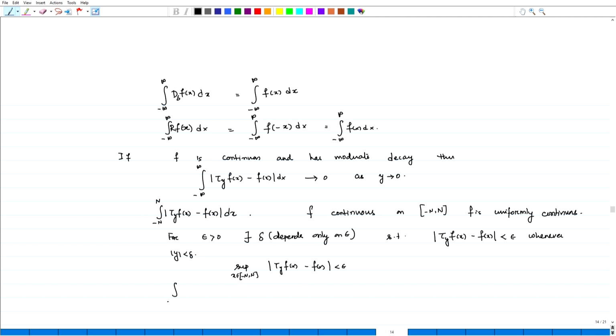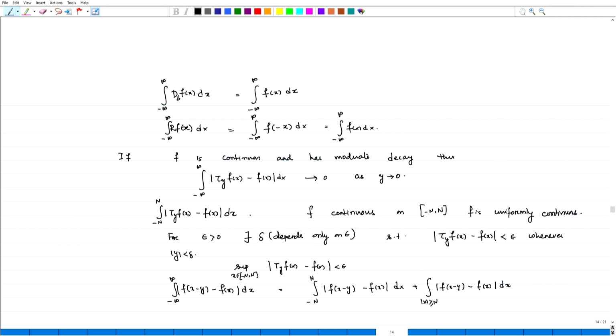Now, if I am looking at the integral from −∞ to ∞ of |f(x − y) − f(x)| dx, then I can write this as the integral from −n to n of |f(x − y) − f(x)| dx plus the integral over |x| ≥ n of |f(x − y) − f(x)| dx.